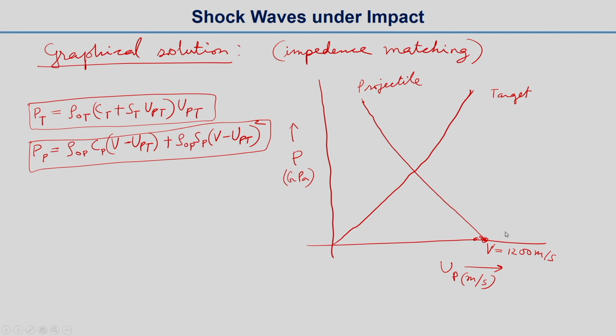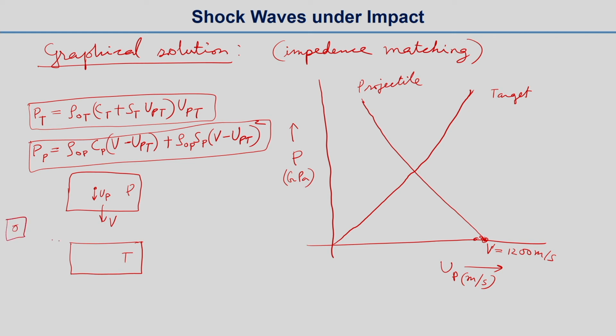If you draw this, this is the projectile P, it is coming at a velocity v, and it is hitting the target T. The particle velocity in the projectile before hitting will be 1200 meter per second, if you have an observer outside.